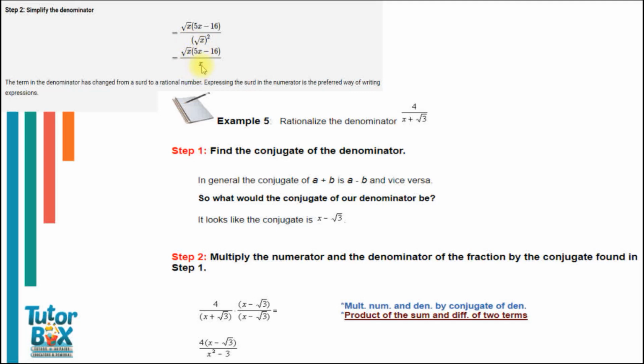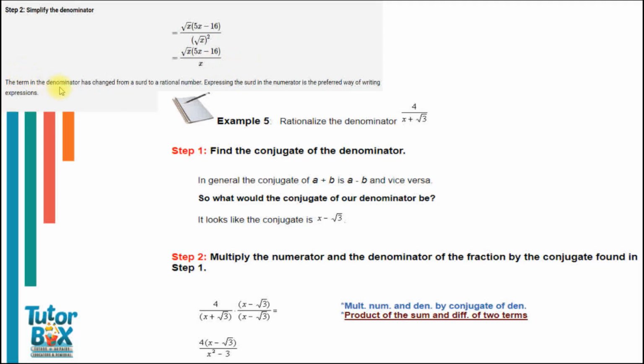You're left with your x. Or you can think of square root x as x raised to the power of half. So x to the power of half times x to the power of half, and you have the same base, so you add your exponents. Half plus half equals 1, so that's why we have x raised to the power of 1 there. Whichever way is easier for you.